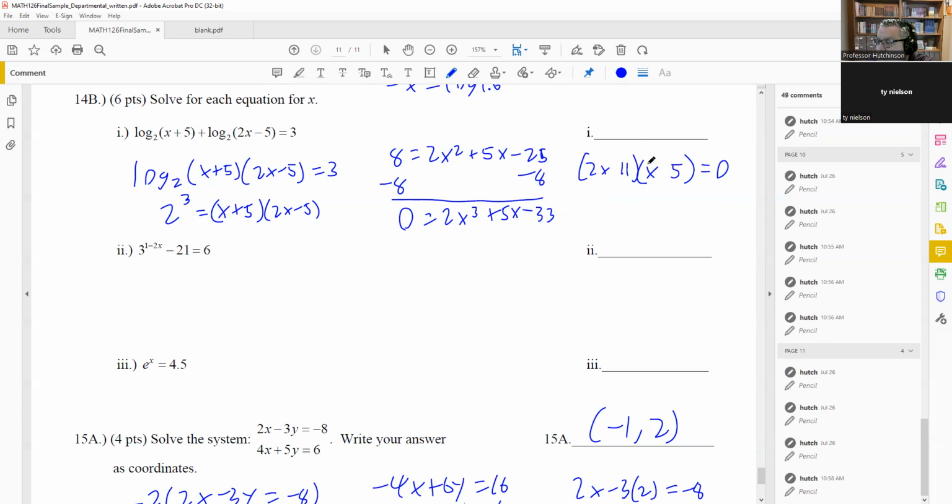I'm sorry, that's going to be a 3, not a 5. What am I doing? 3. Okay, so this is going to give us a 6 and 11. We want to get a 5 there. So this will work if I put a minus here and a plus right there. Then I get 2x squared minus 6 plus 11 is a 5, and then 11 times -3 is -33.